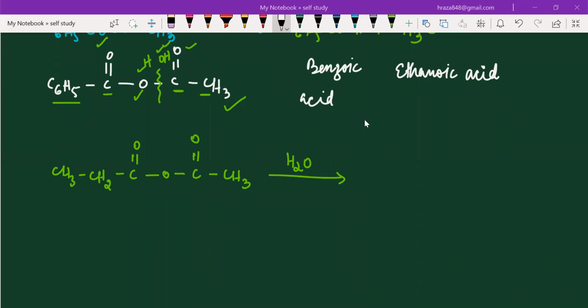Start with CH3CH2C double bond O, O, C double bond O, CH3. This bond you are going to break, either from here or from here.